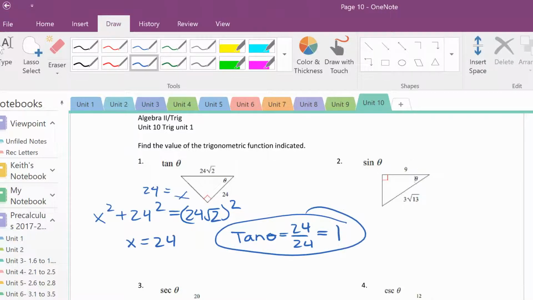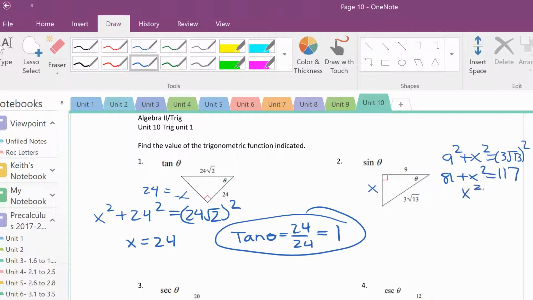For sine theta here, you need to know the opposite. So you need to go 9 squared plus x squared equals (3 rad 13) squared. So you go 81 plus x squared equals 117.